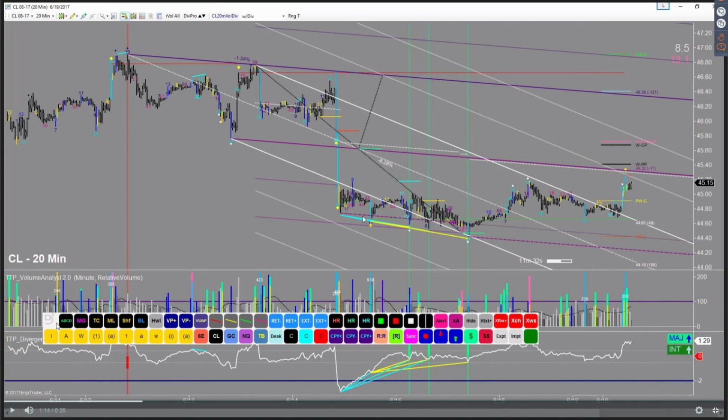Double divergence in the momentum. It's completely going sideways. And it's also volume divergence. Big selling climax here and here. Sign of strength, comes back down, tests those lows on lower volume. And then basically by here, the volume of that contract had dried up. And when it reopened, we were on the August contract.